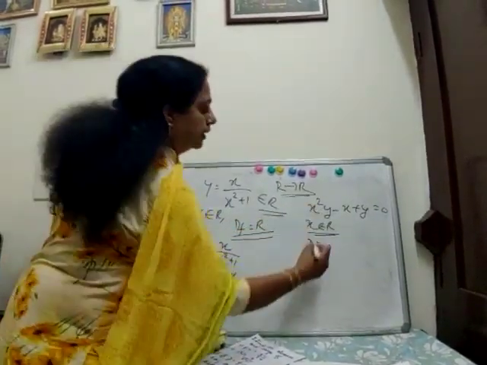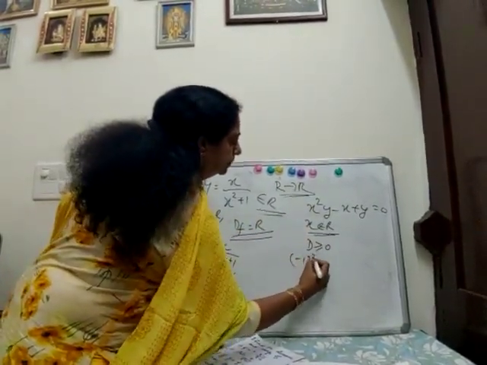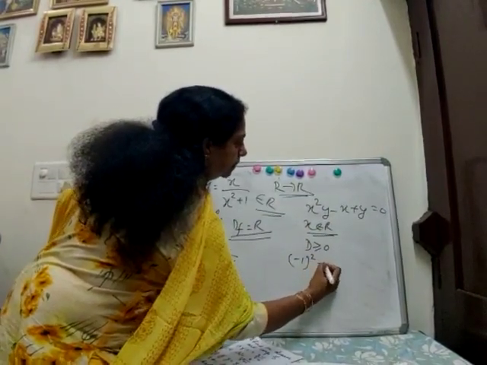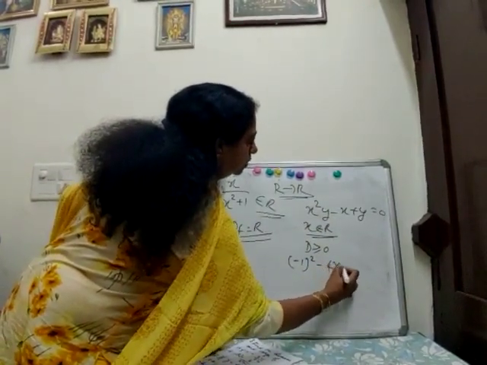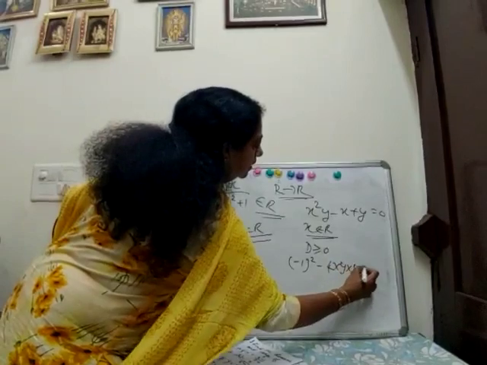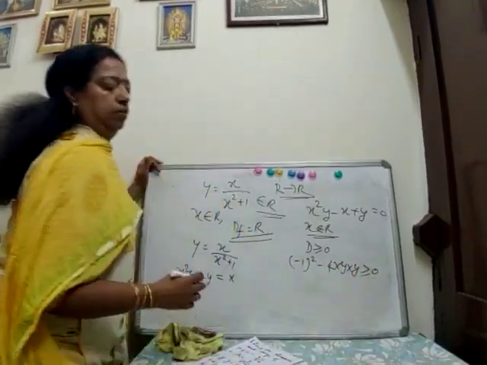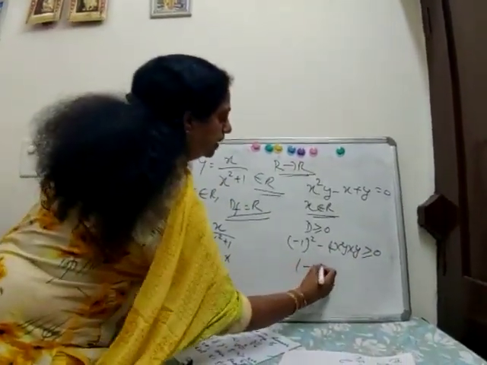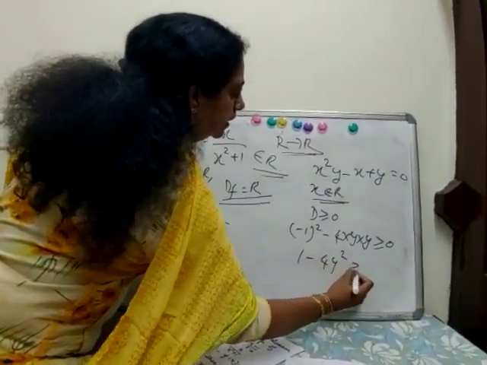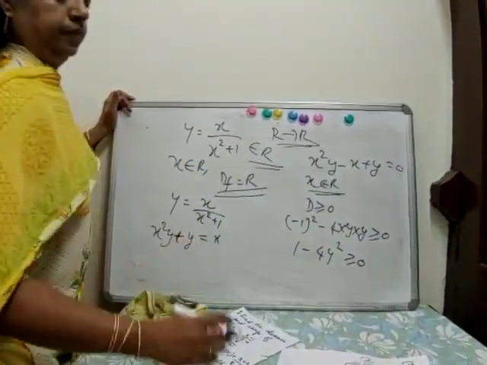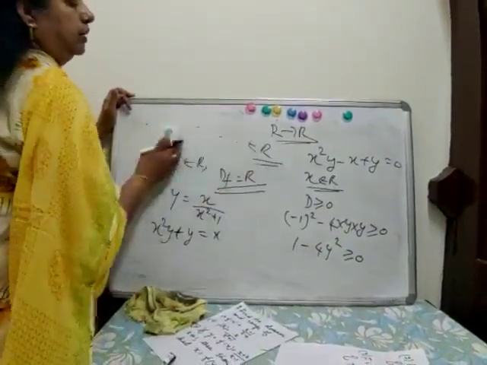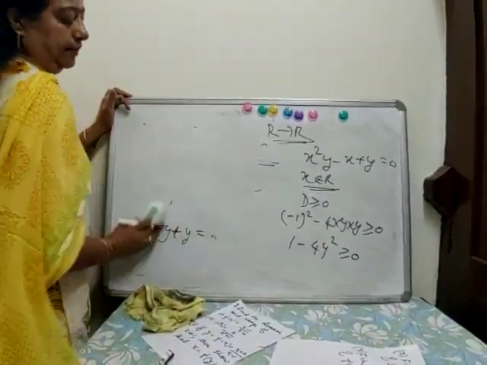What is D here? Minus 1 squared, b squared minus 4 into a into c, this should be greater than or equal to 0. I will get 1 minus 4y squared greater than or equal to 0. Now how to solve this quadratic inequality?